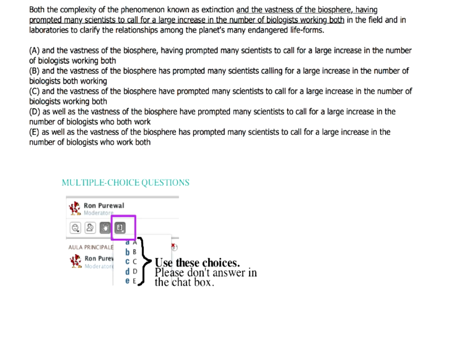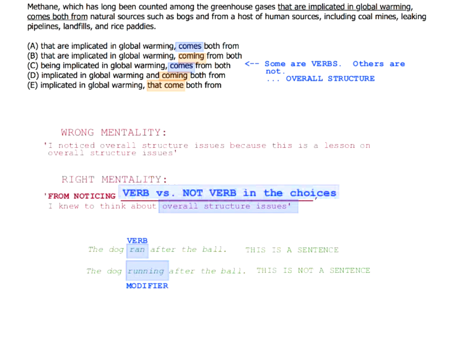All right. Yeah, I mean, I guess it might even seem like this is a less than parallel structure because there's a lot of parallelism going on here too. But remember what we saw. If you've got some things that are verbs and other things that are not verbs, you have issues of overall structure.